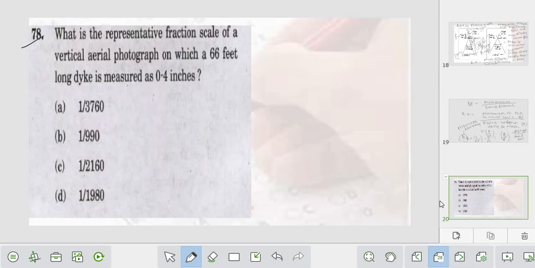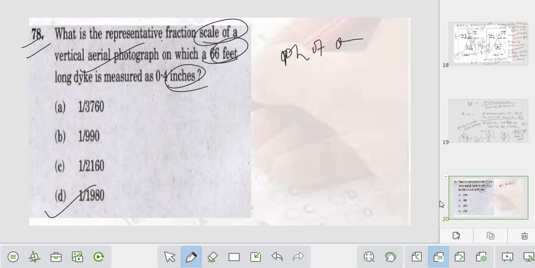Okay, next go to this. What is the representative fraction scale? अभी बताया था 66 feet, same as 0.4 inch. अभी बताया था, answer will be 1 by 1980.